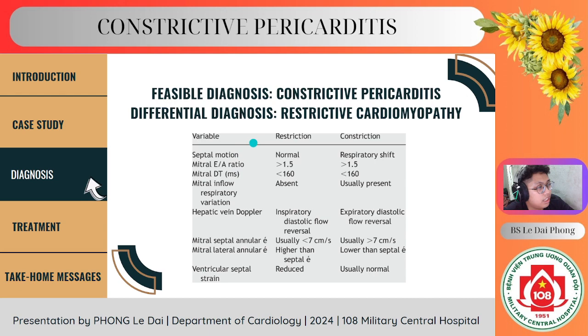So as I talked about on the previous slide, we have the 7 indices to think of for the patient: the septal motion, the mitral E/A ratio, the mitral DT, the mitral inflow respiratory variation, the hepatic vein Doppler, the e' of the septal and the lateral wall, and the ventricular septal strain.